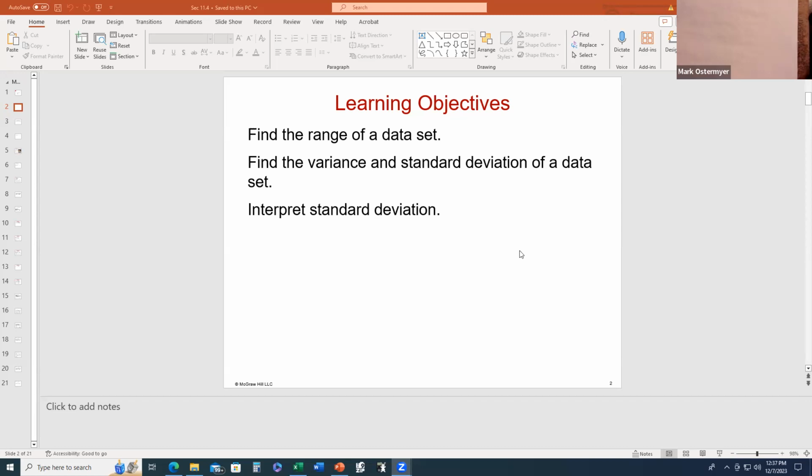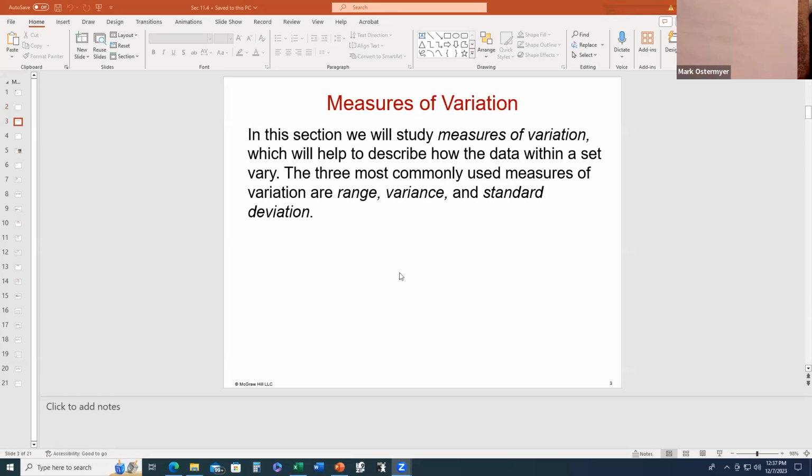It becomes very useful when you compare two or more data sets as far as their variances or standard deviations are concerned. The comparison of these statistics really gives you a pinpointed idea as to the differences and similarities that exist between the data sets. All right.